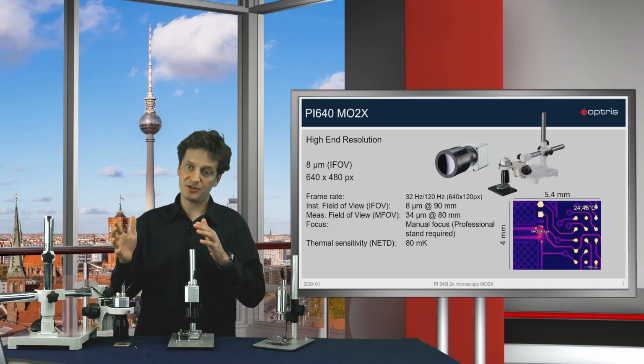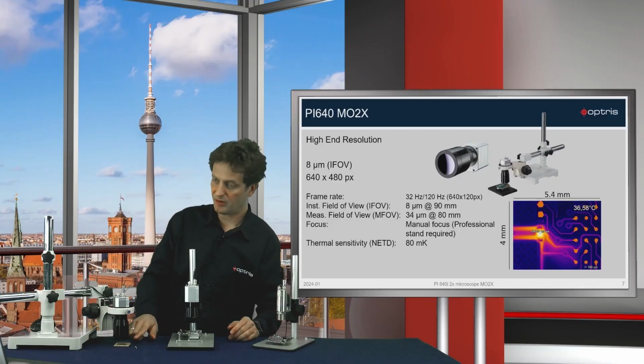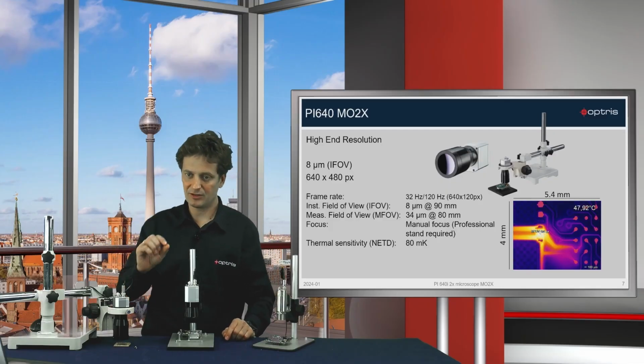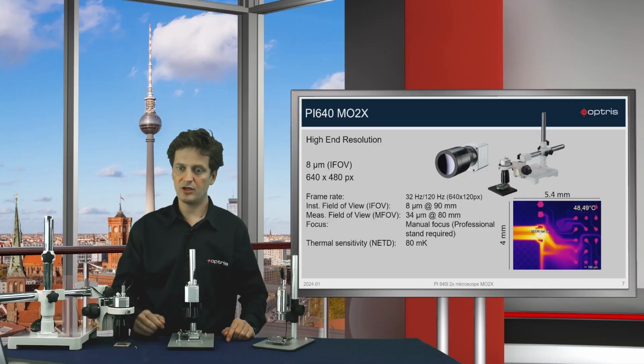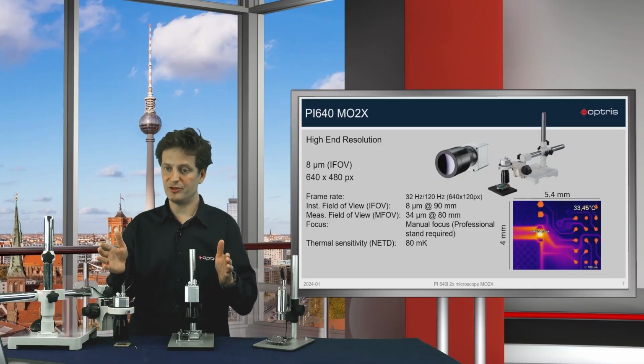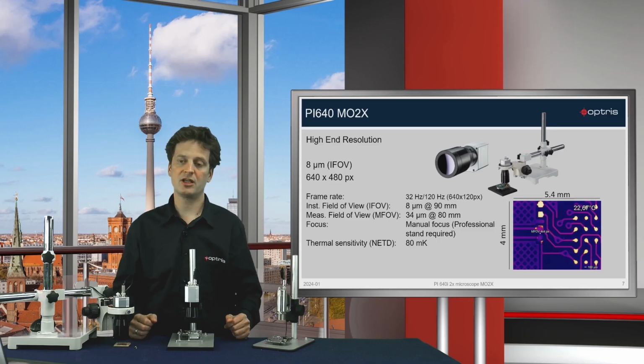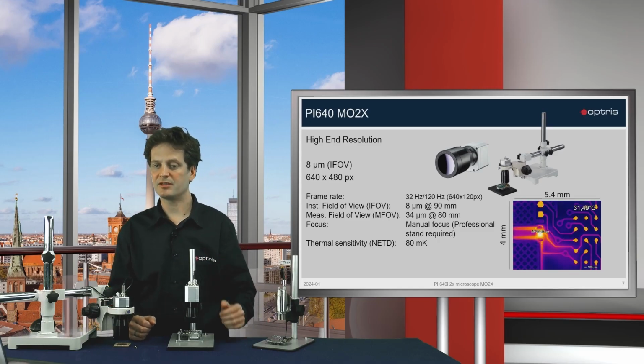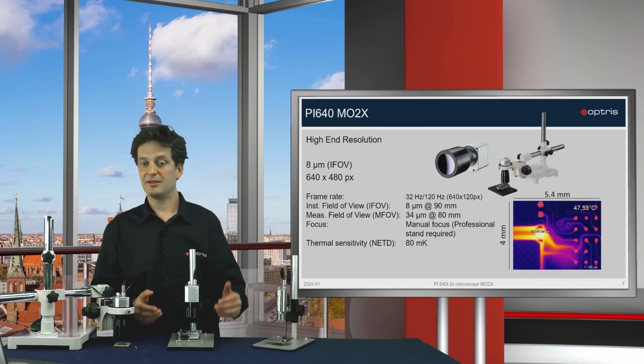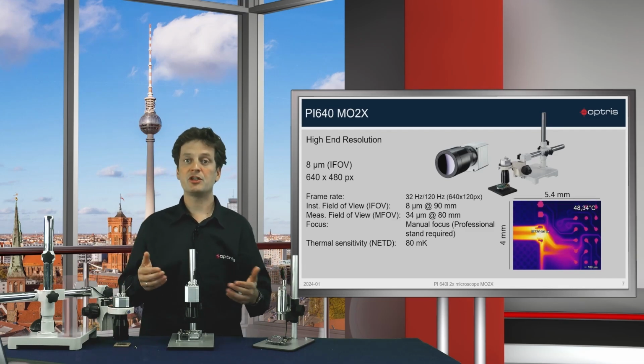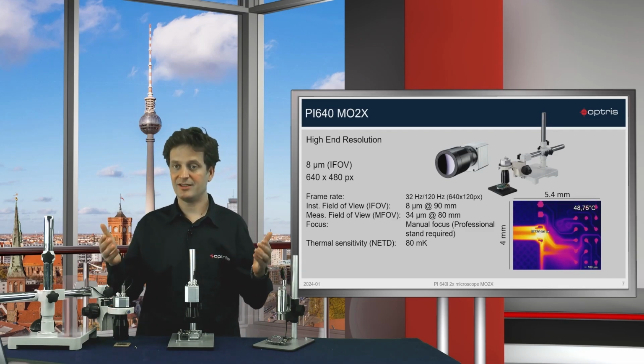But on the opposite side, as you can see, the operating distance is very close, so we have to go very close to the object, and also the field of view is limited. Here we're talking about 5.4 millimeters by 4 millimeters. So in the end, it is a question of the application which device is best suited.